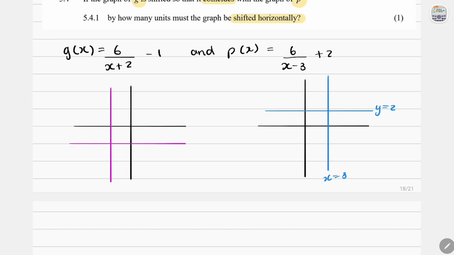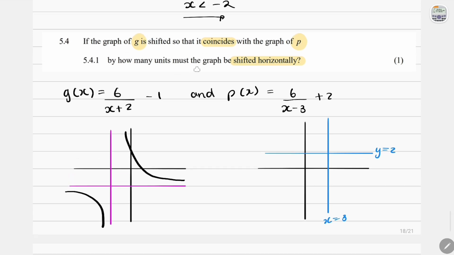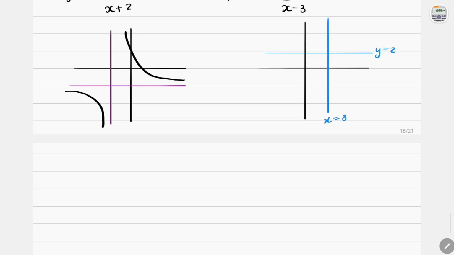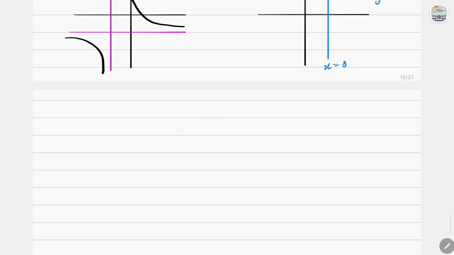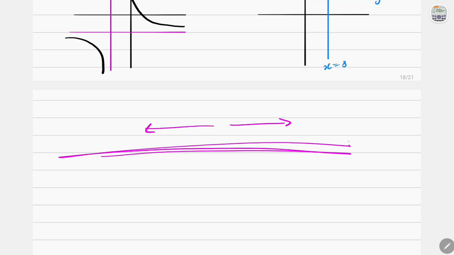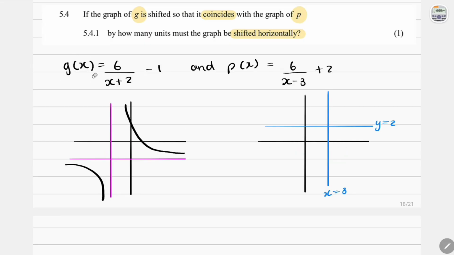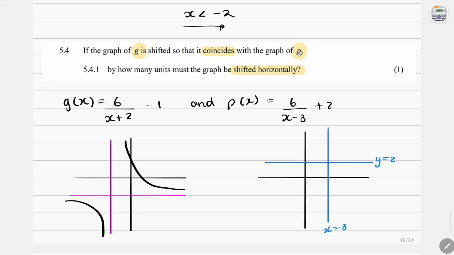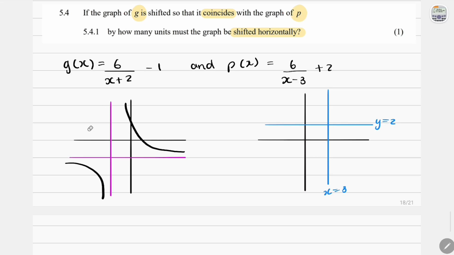You knew that this one looked like this, and then this part did this. So you can just focus on the asymptotes. Horizontal movements are left and right movements. They said if the graph of g is shifted so that it coincides with p, how must this be moved?